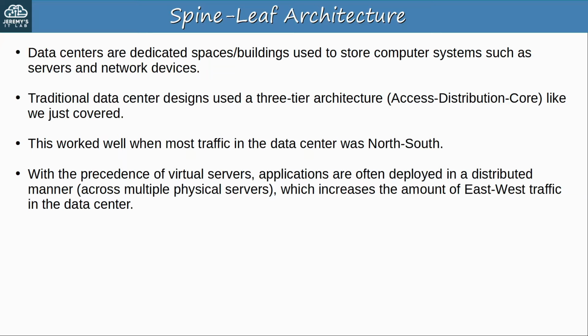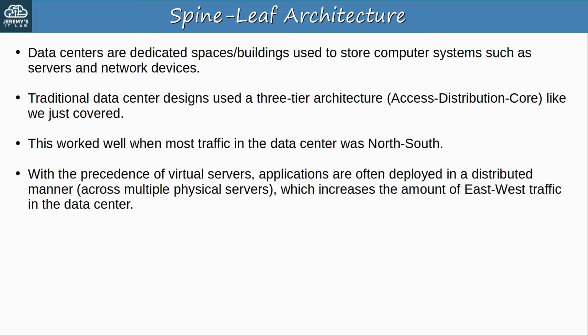With the prevalence of virtual servers, which is a topic I'll cover soon in the course, by the way, applications are often deployed in a distributed manner, across multiple physical servers, which increases the amount of east-west traffic in the data center. If you're not sure what a virtual server is, or you don't know what virtualization is, like I said, I'll cover it soon in another video.